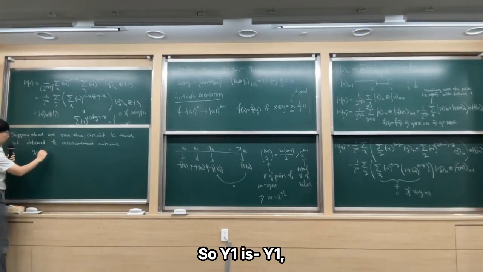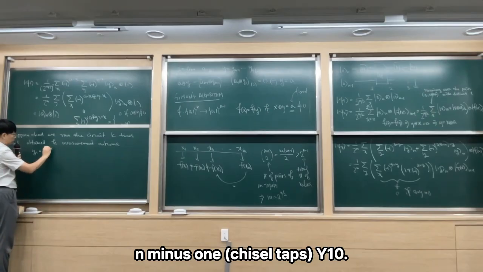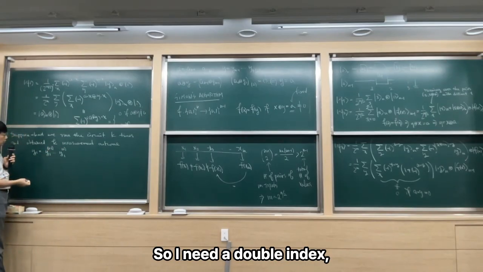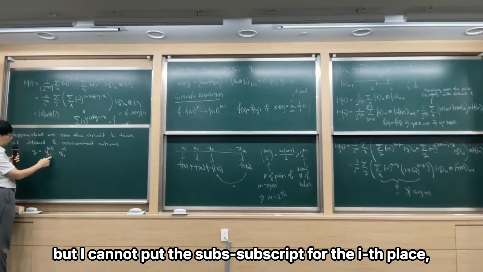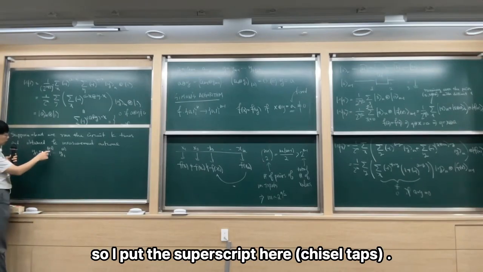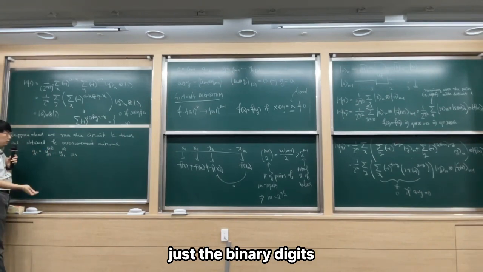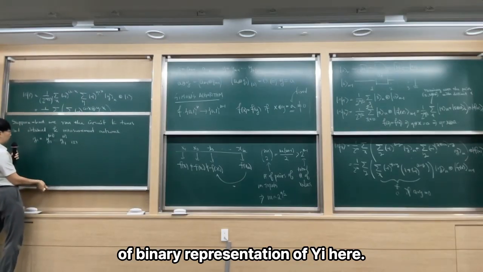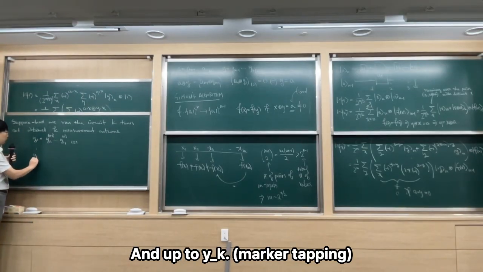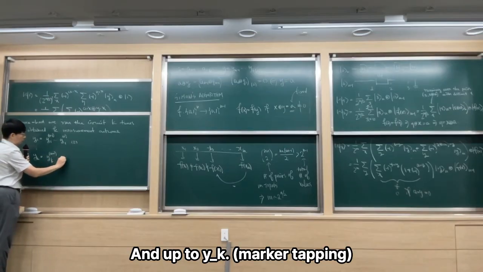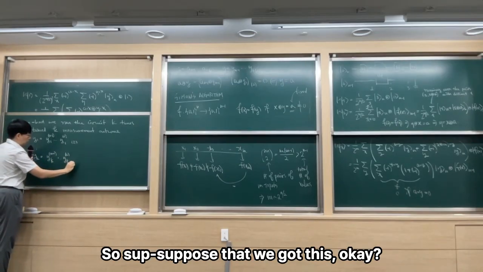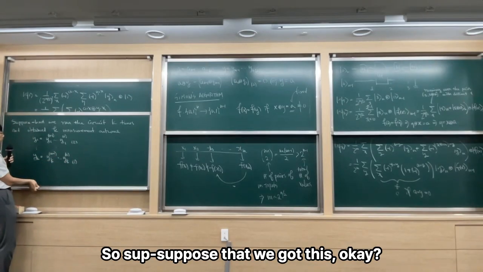So Y1 is Y1 n minus 1, up to Y1 0. So I need a double index, but I cannot put the subscript for the ith place, so I put the superscript here. So each Yij is going to be either 0 or 1, just the binary digits, a binary representation of Yi here, and up to Yk. Okay.